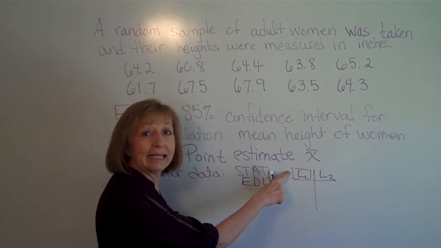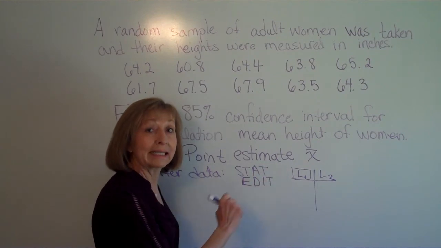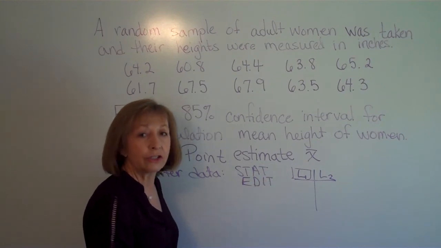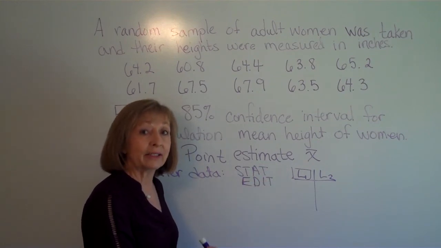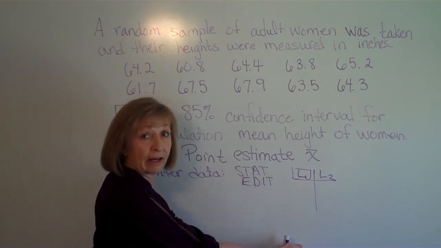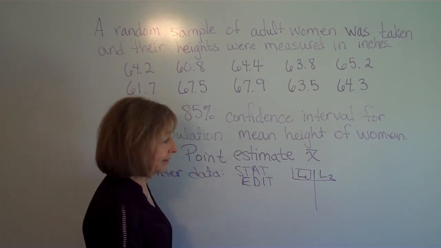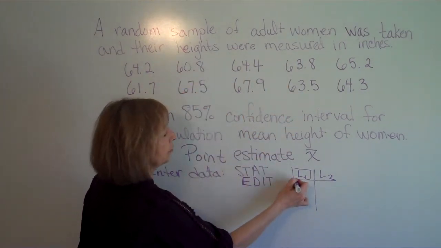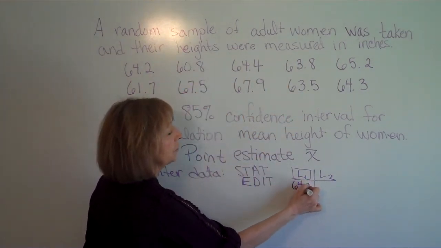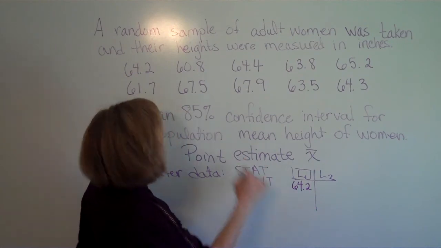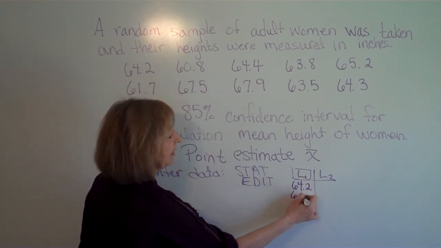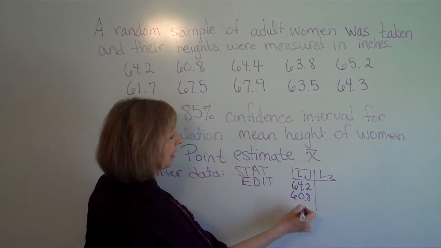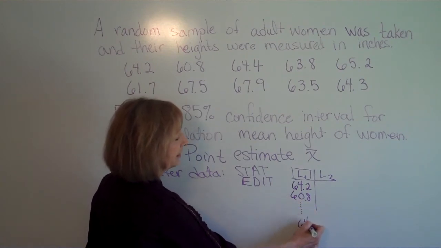When it's highlighted on the name of the list, push the button Clear and enter. Don't hit delete. Push Clear and enter, and that'll clear out all the data underneath list 1. Okay, now you want to put all these numbers in list 1. So you're going to push the 64.2 and cursor down, and then the 60.8 and cursor down, and you're going to do that all the way through until you get to the last number of the 64.3.